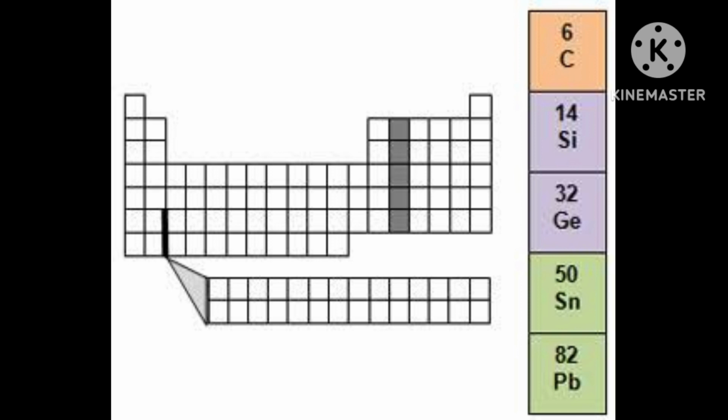Carbon has 77 picometer, and silicon is increasing, 118, and after that germanium, its covalent radius is also increasing, 122, and tin is 140, continuously increasing, and lead 146 picometer.